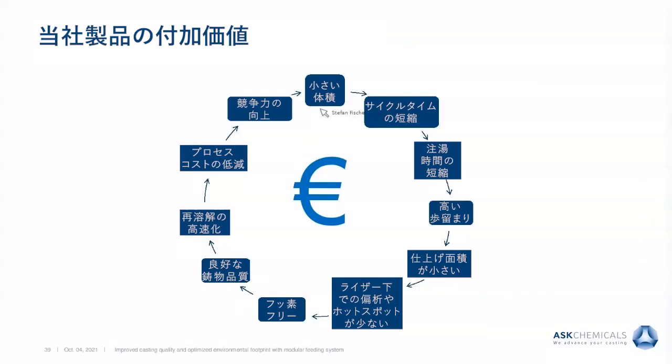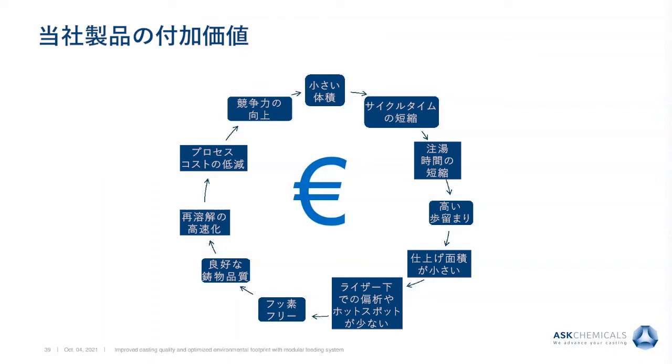So as a summary, we can say we achieve less volume. We can achieve reduced cycle times with these risers. With the less volume, we also have less pouring time. We achieve higher yield. We realize smaller fettling areas. With this, less segregations and hot spots under the riser.